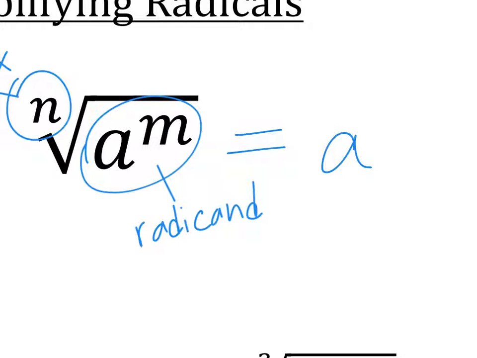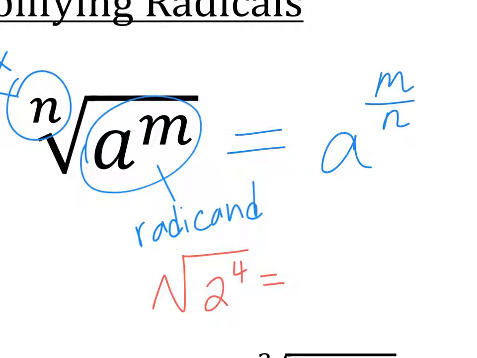So you take the radicand that's inside, you put the exponent as a fraction, but the numerator is the exponent, and the index is the denominator. For example, square root of 2 to the 4th.